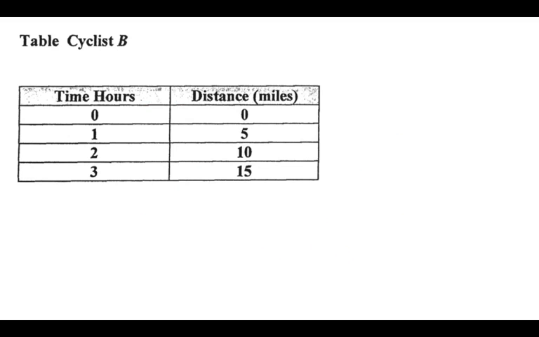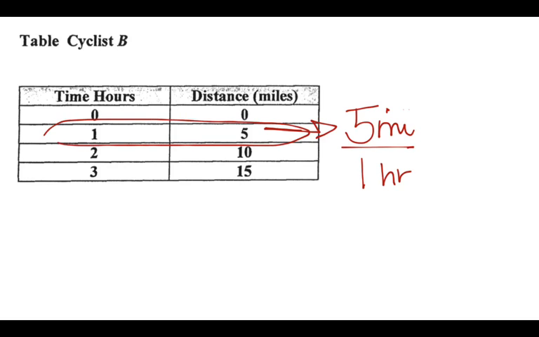Cyclist B, we have a table. So in our table, of course, he went 0 distance in 0 hours. But if we look right here, if I create a ratio with my distance and my hours, it's 5 miles in 1 hour. So the table actually gives you your unit rate right here.